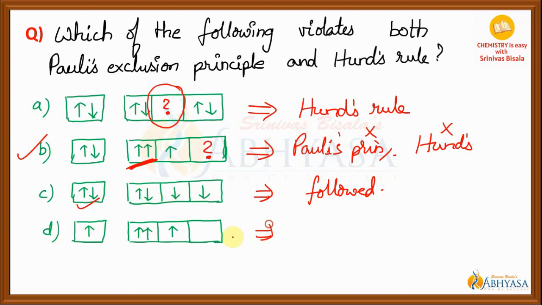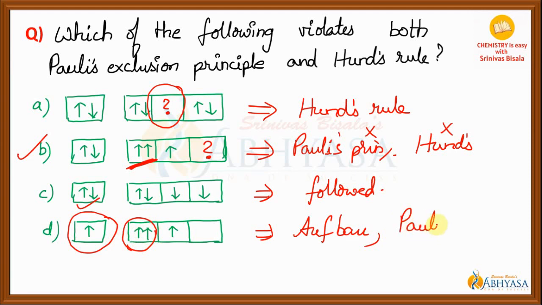Let's see what is happening in option D. In option D, see here, the lower energy orbital is not completely filled, but the electron entered into the higher energy orbital. It means this is not following Aufbau principle. Then see this orbital. Here there are two electrons spinning in the same direction. Means here the Pauli's exclusion principle is not followed.